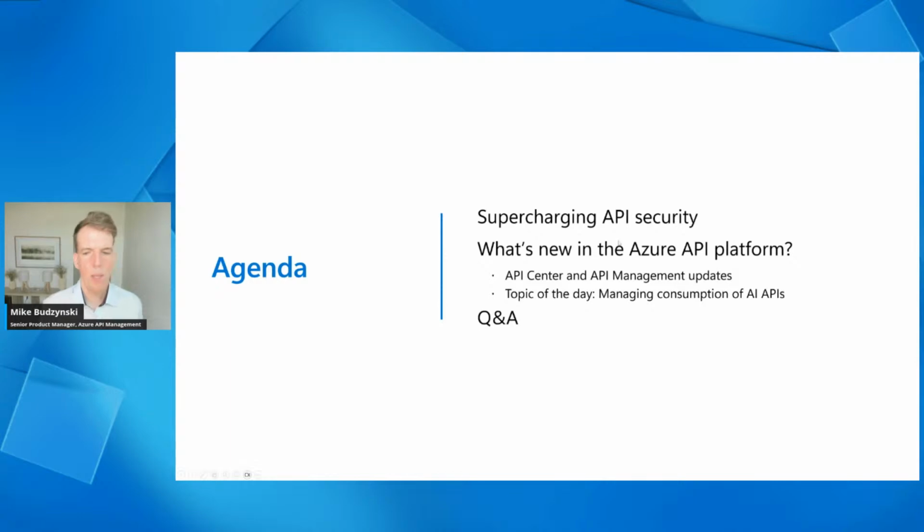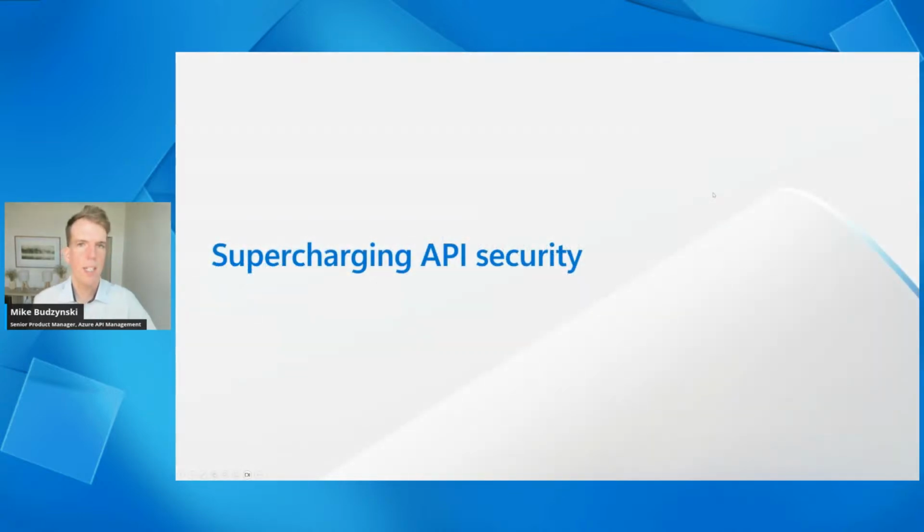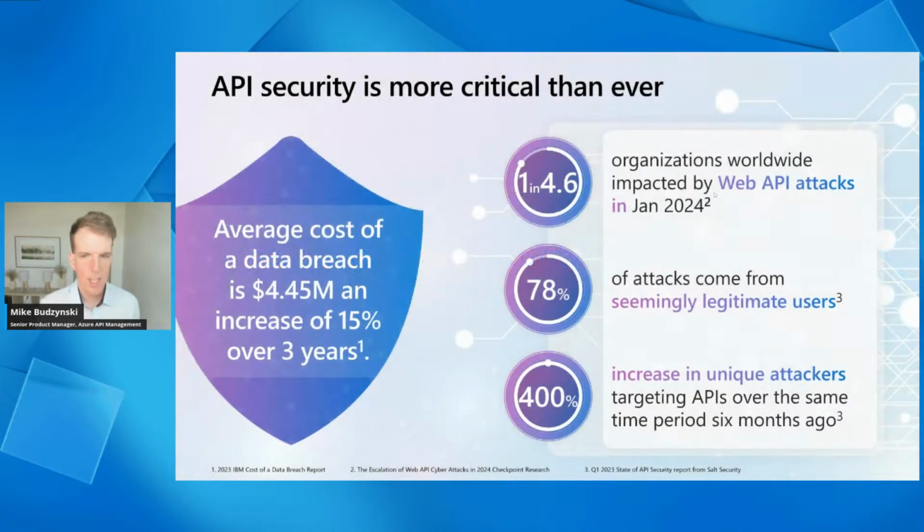All right, on the topic of API security, it's an ever more important topic for organizations of all sizes. Not only is the number of data breaches increasing every year, so is the cost of data breaches and the number of data breaches that are happening through the vector of APIs.